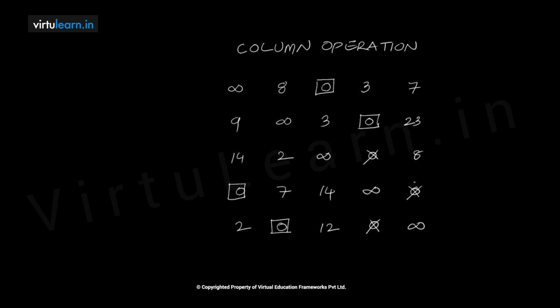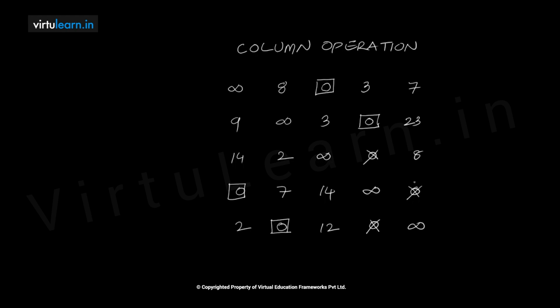Among the elements which were not struck off, where no line passes through, we have to identify the least element, and that least element has to be subtracted from the elements which are not struck off, and the table has to be rewritten in such a way that where a single line passes through them we will write them down as it is, and where there is an intersection of lines we will add that minimum element to that element.